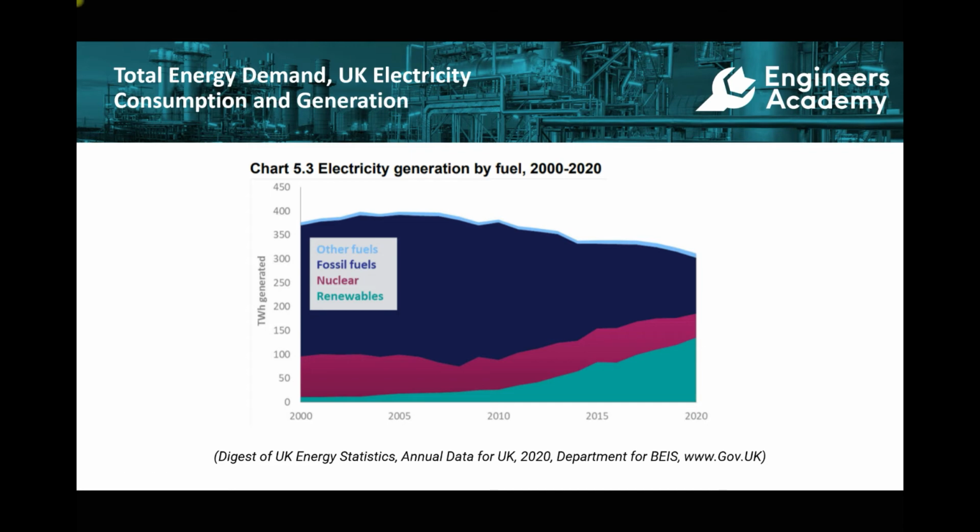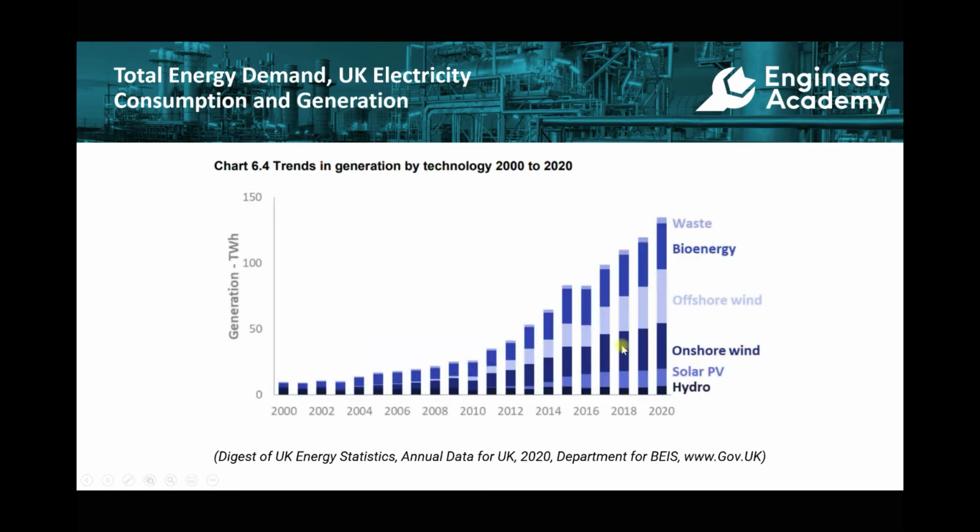The other important thing to look at is which renewable energy sources are contributing towards that. And here we see a breakdown of those renewable energy sources. Here in the UK, the primary providers of renewable energy are onshore wind, offshore wind and bioenergy. We do see some contribution from solar PV, hydro and waste, but the three main contributors are onshore wind, offshore wind and bioenergy. And these are trends that we would expect to see continue.